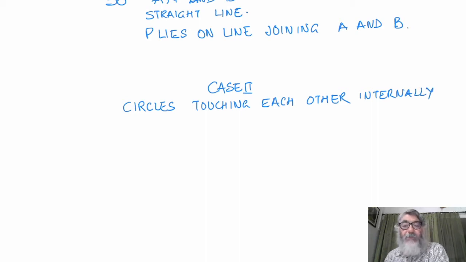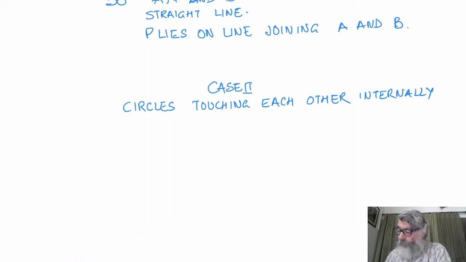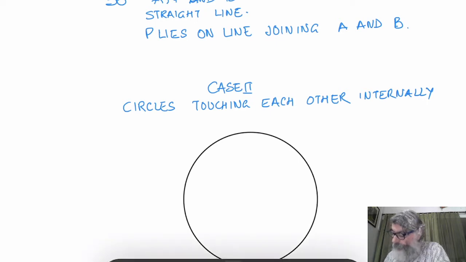I'll take another two circles with different colors. Let me take one with black. Okay, and let me take another circle with another color. Okay, let me try red.